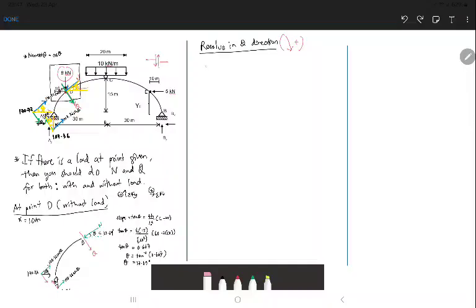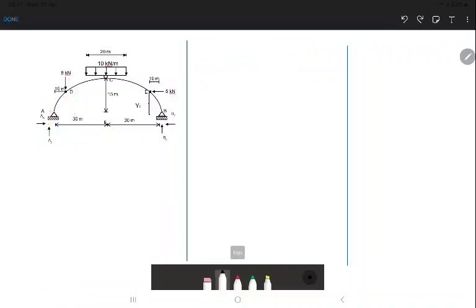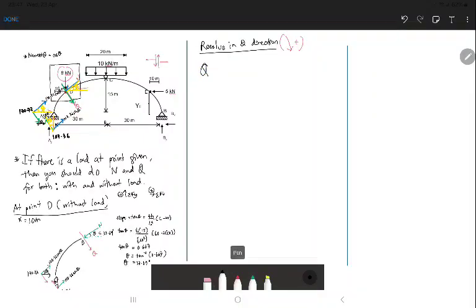Alright, so we start with Q first. Q this direction is positive, so plus 170.72, this one is far from theta, so sine theta. Theta is 33.69.